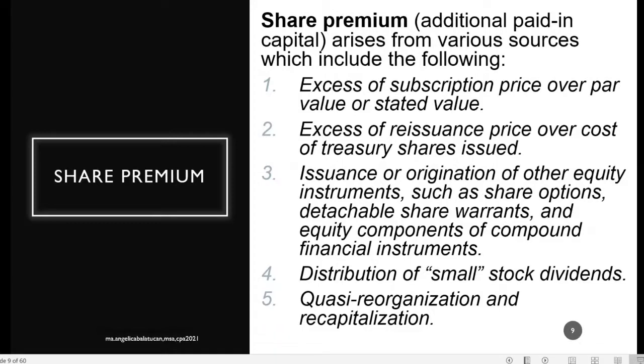If there is excess of the subscription price over the par value or the stated value, if there is an excess of issuance price over cost of the treasury shares issued, there's issuance or origination of other equity instruments like options, detachable share warrants, and equity components of compound financial instrument. If there's distribution of small stock dividends and quasi reorganization and recapitalization.